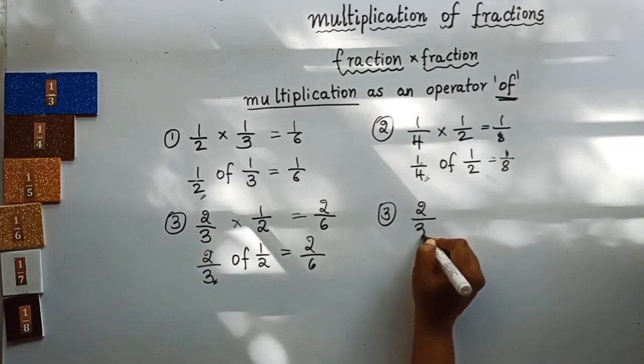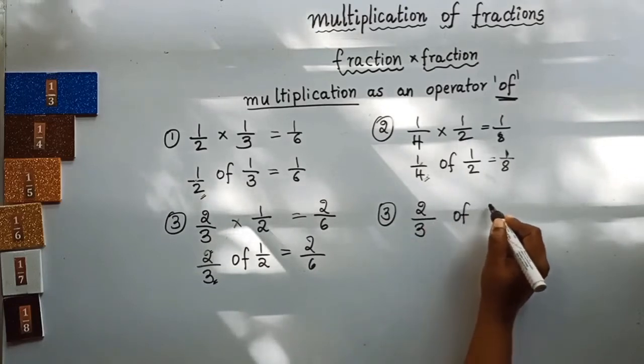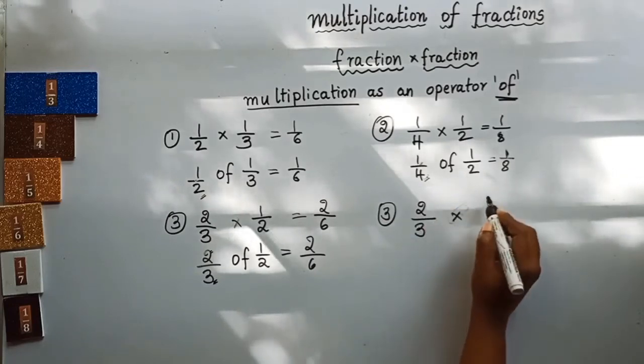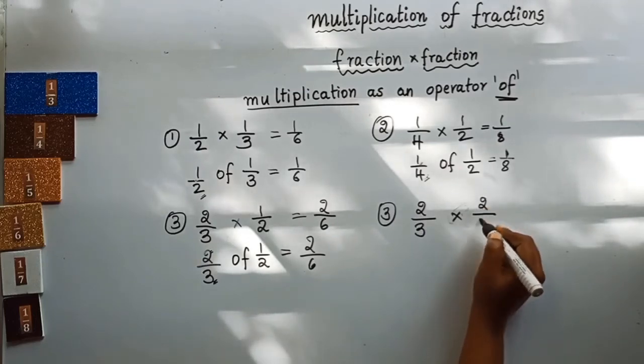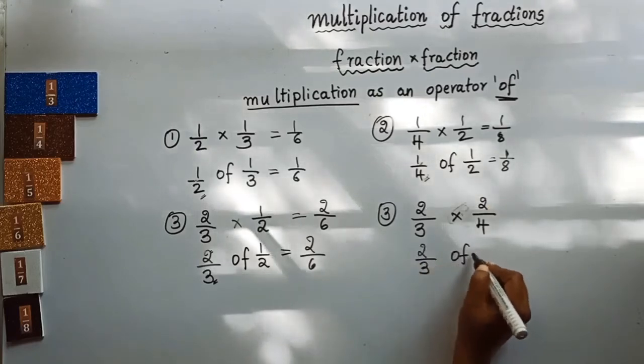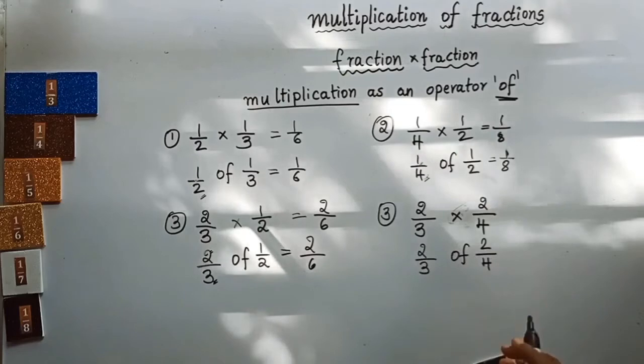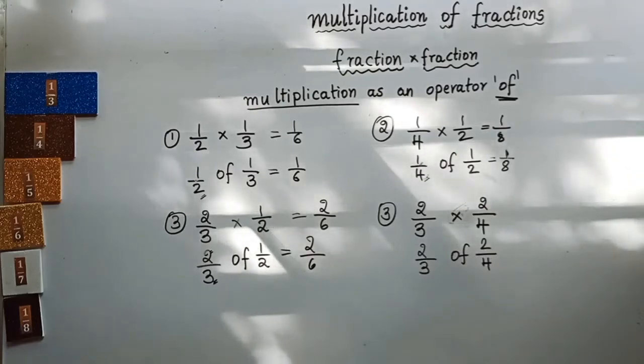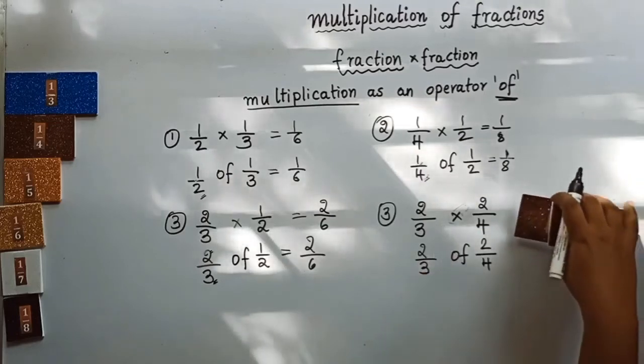Now multiply 2 by 3 and 2 by 4. That means 2 by 3 of 2 by 4. We have to take 2 by 4.